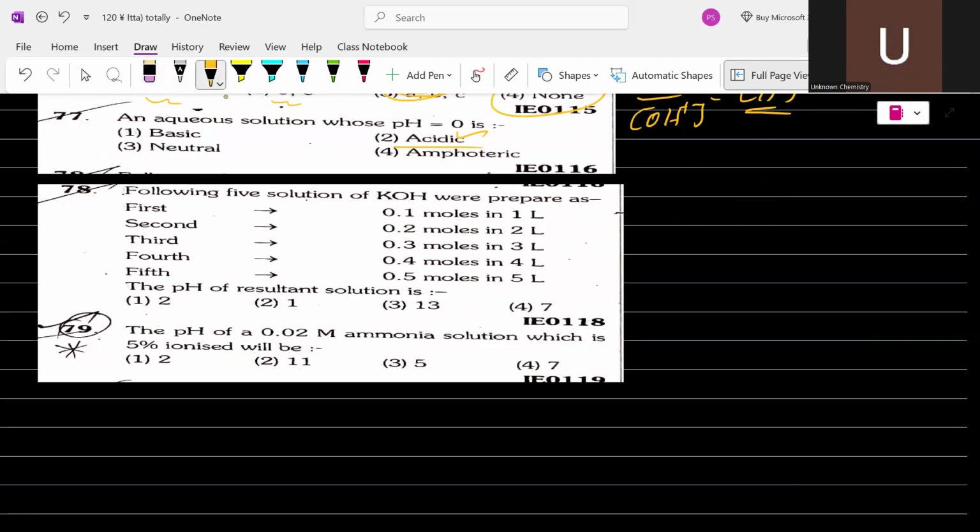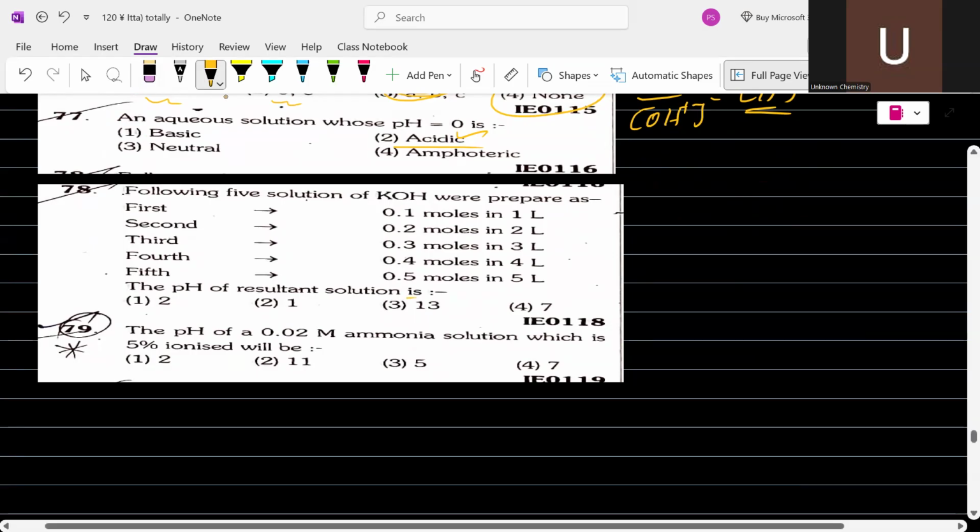Five solutions of KOH were prepared as follows: first 0.1 mole in 1 liter, 0.2, and so on. The pH of the resultant solution will be? So here you have to find the concentration of OH minus ion, and you have to add all the OH minus ions. You have to find pOH first.